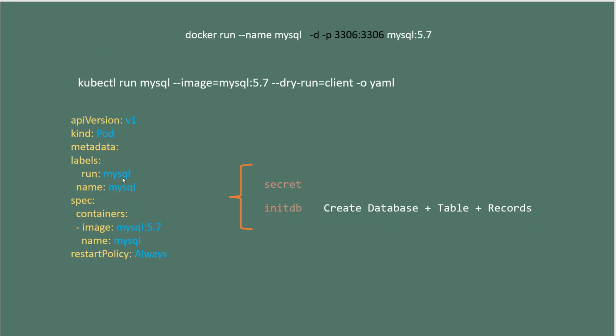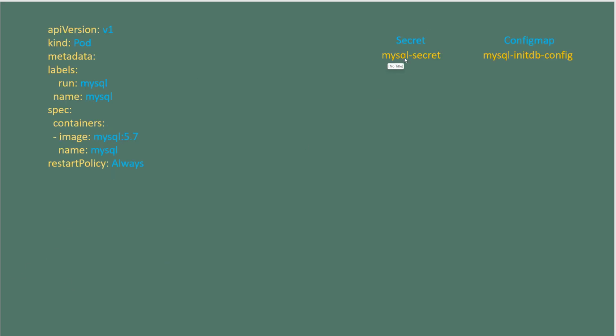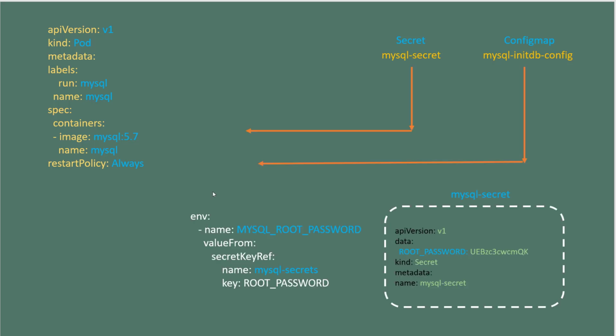As you remember, this is our simple configuration for the MySQL pod. We need to inject our secret and config map into this configuration. At first, for the secret, here is our secret configuration. We need to have this password as an environment variable here.